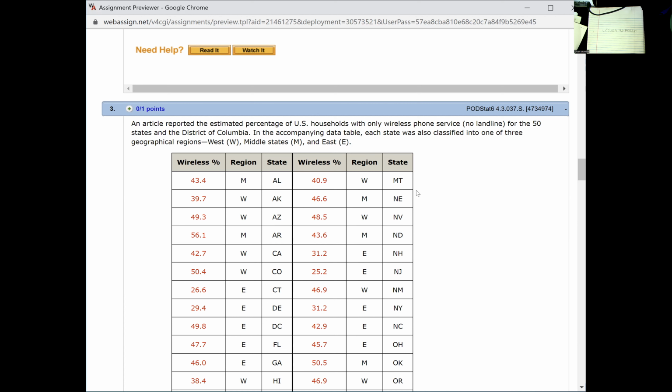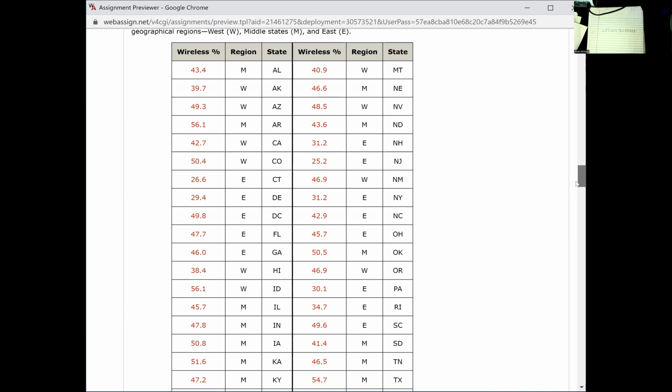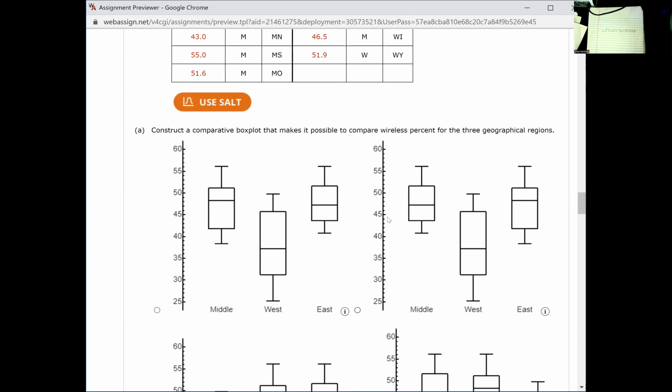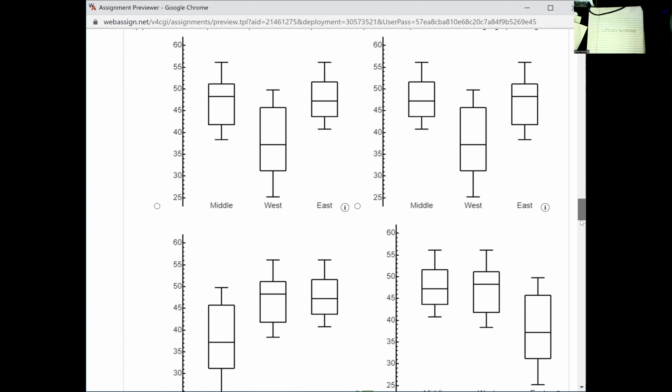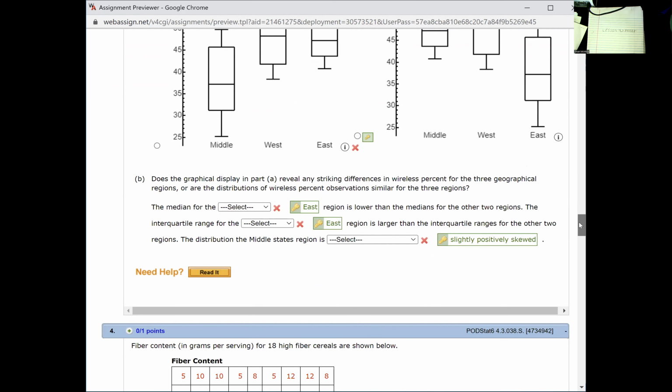Now, what we want to do is look to see what we're asked. We're asked to look at the three box plots for M, W, and East, and compare them, find which is the one that best fits, and then we want to know which median is lower than the median for the other two regions.